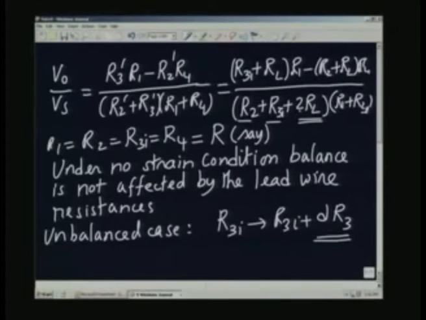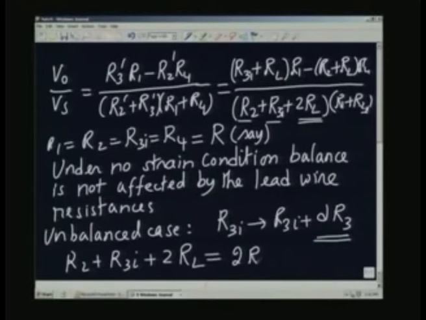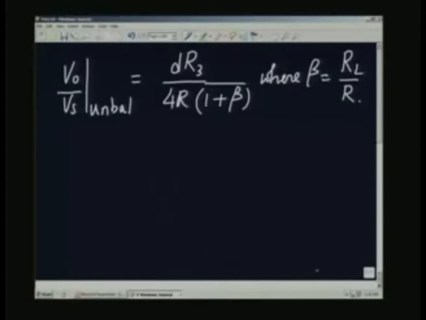I am taking the factor 2 outside, R also I am taking. So, R2 plus R3I plus 2RL is nothing but 2R plus 2RL, which is 2R into 1 plus RL by R. So, this 2R into 1 plus RL by R, I am calling it 1 plus beta, and that is what I wrote down in the next page.